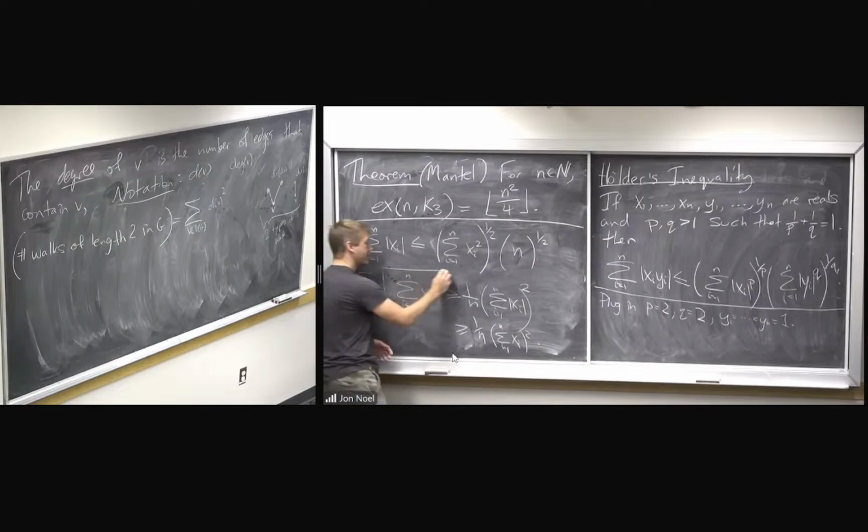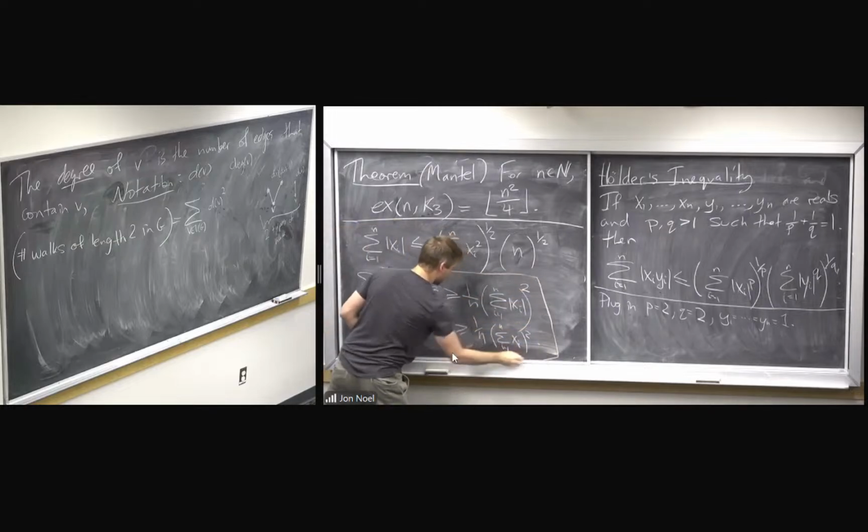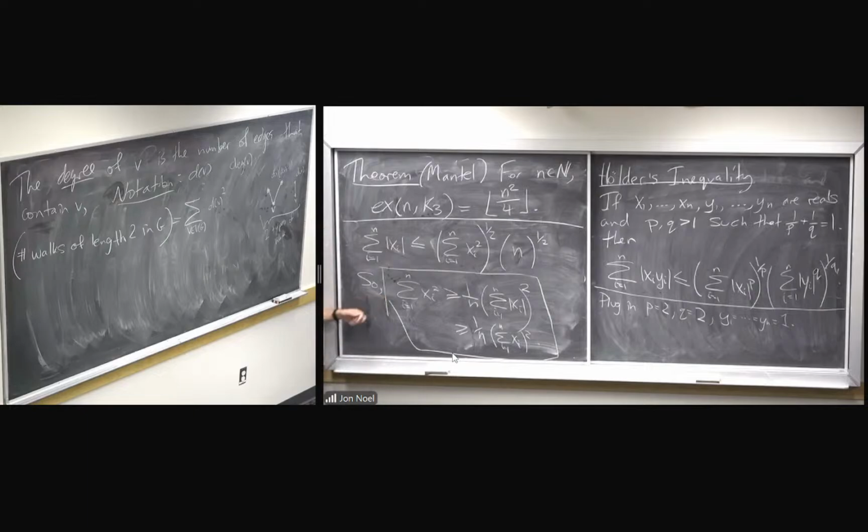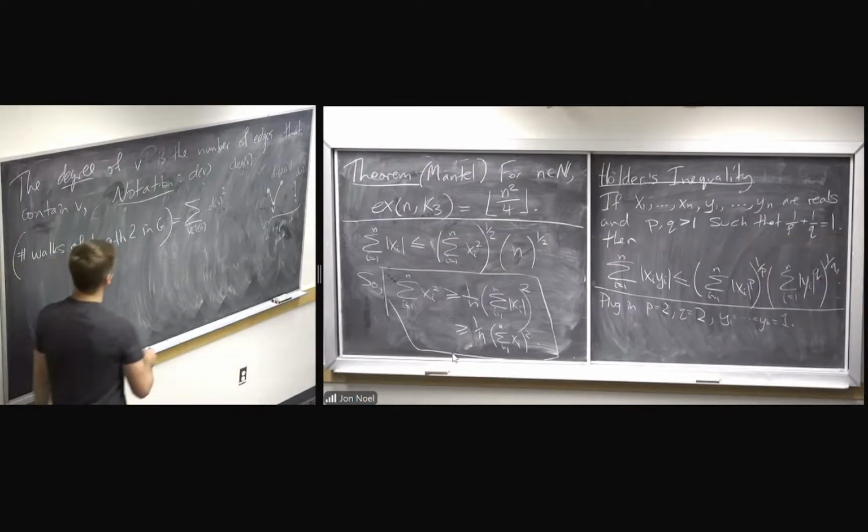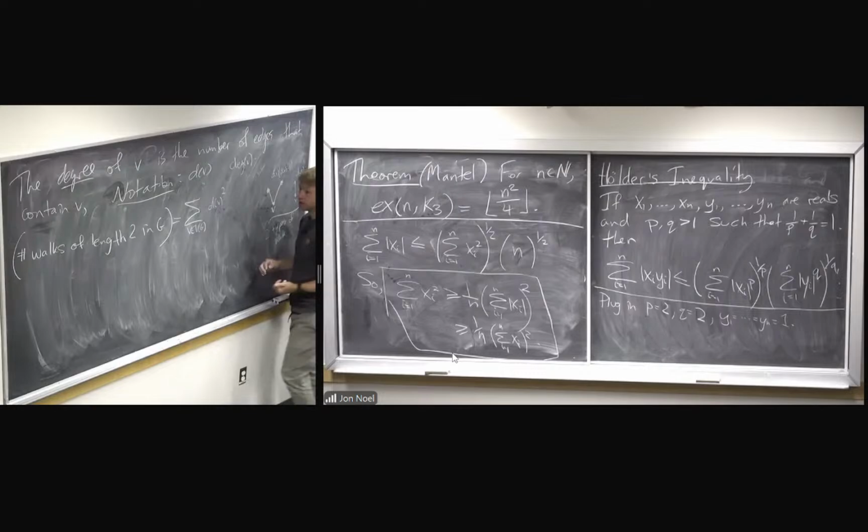Anyway, this thing is going to be used a lot in this course. So we've got a sum of squares. You can write it as 1 over n times the sum of the things without squares, and then square it. So if I apply this in this case, this is a sum of squares.